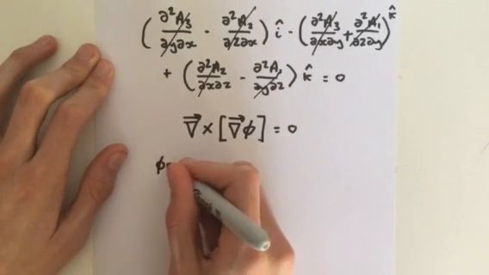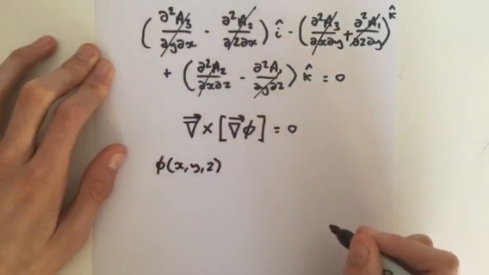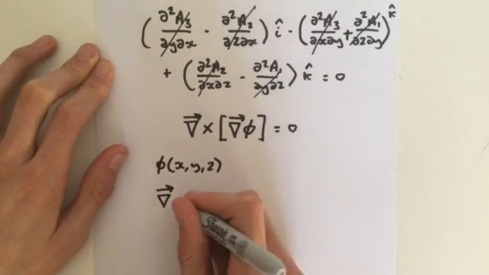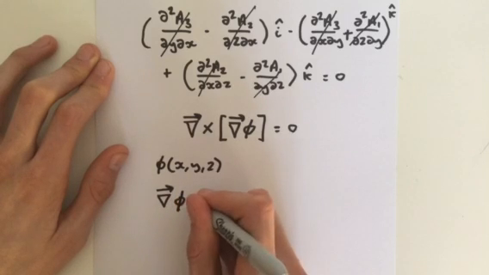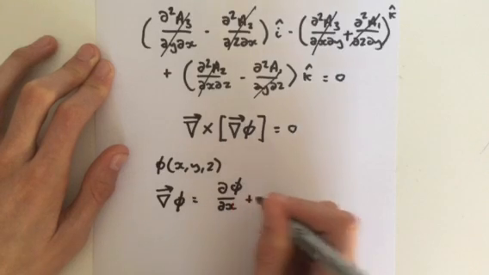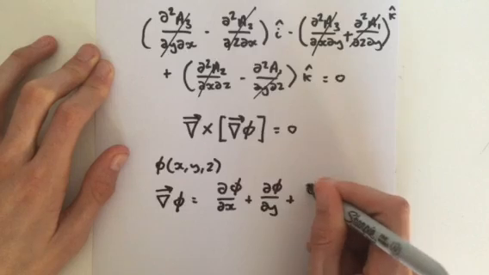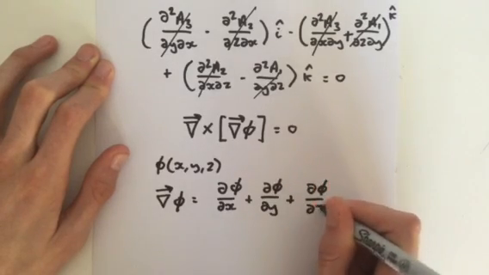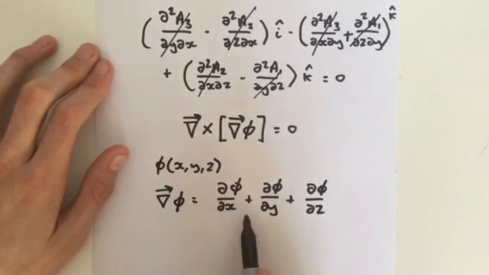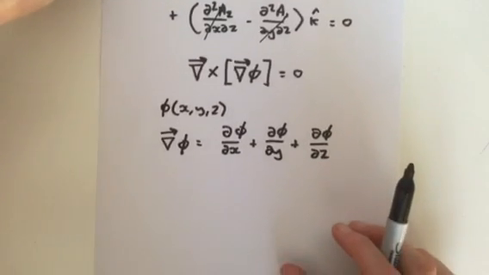Phi is just a scalar field. It can have components x, y, z. So therefore, del phi is going to be equal to d phi by dx i plus d phi by dy j plus d phi by dz k. Now we take the curl of this with the del operator.